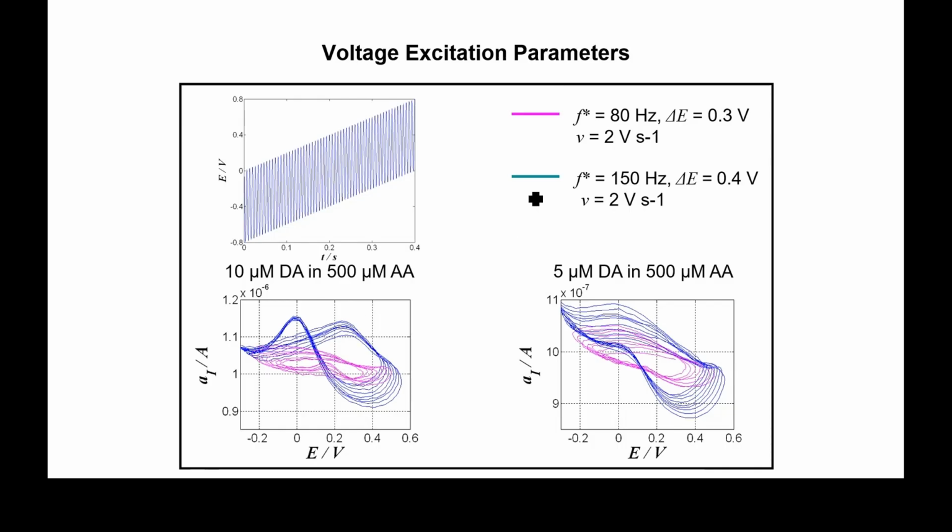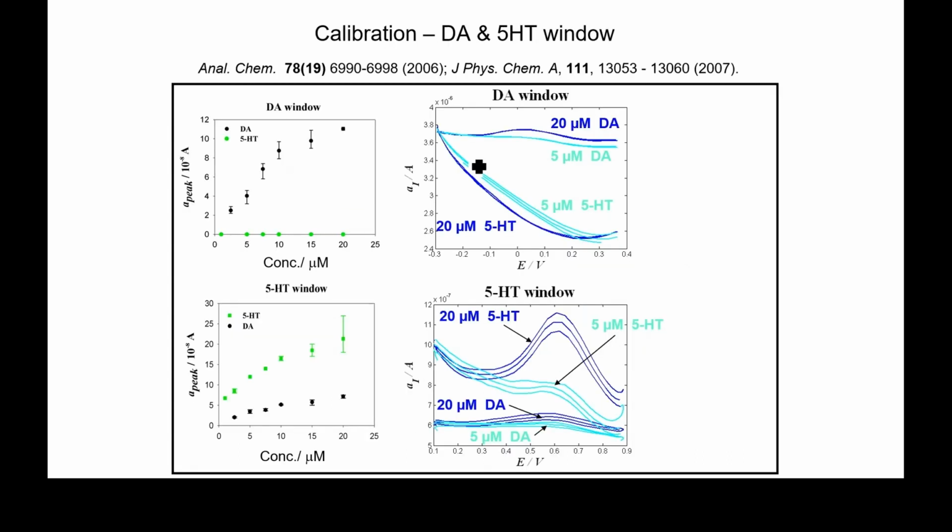So we were able to outrun this reaction by exploiting the differences in kinetics at the transduction event, solely by using signal processing. In the dopamine window, we got no response to serotonin and a pretty good linear response over the range that we were interested in our neurochemistry experiments, which is 0 to 10 micromolar.